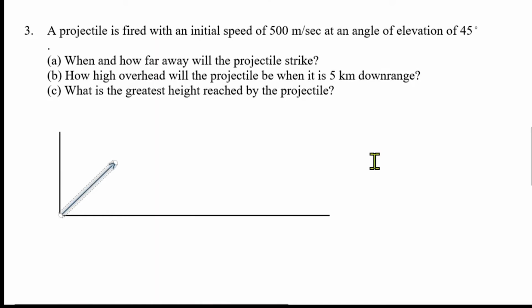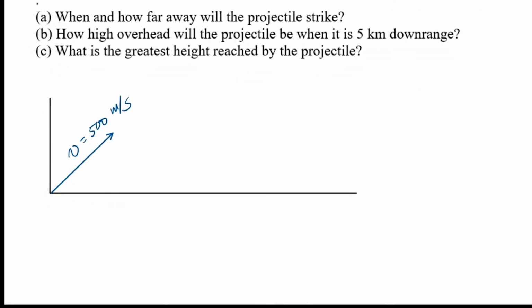Okay, let's put that in blue color. So your initial velocity, V, let's say, is 500 meters per second. Good. Okay, and this projectile will then fly in this kind of path.